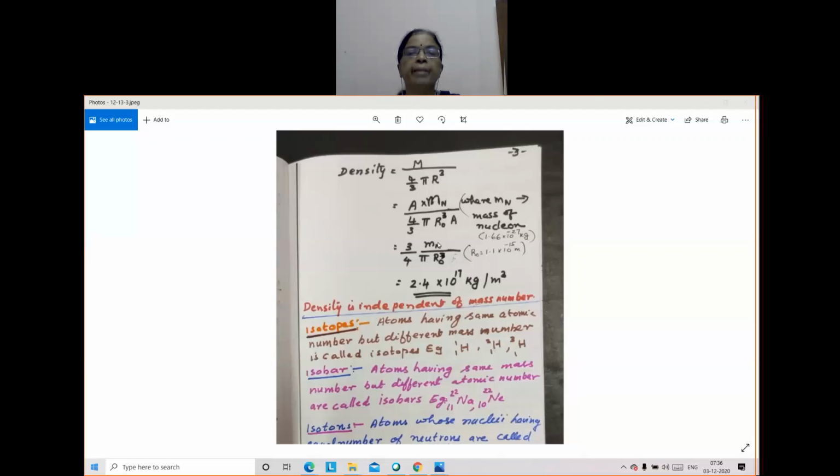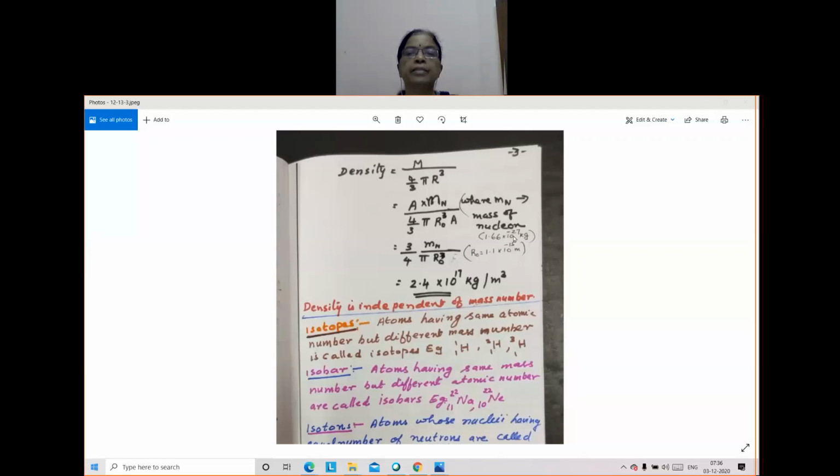Small mn means mass of one nucleon, 1.66 into 10 raised to minus 27 kilogram, by pi into r0 cubed. R0's value you know, 1.1 into 10 raised to minus 15 meter. See, this is the mass of a proton or a neutron, that is constant.